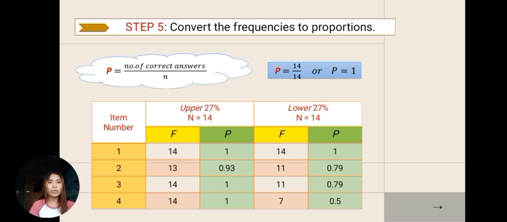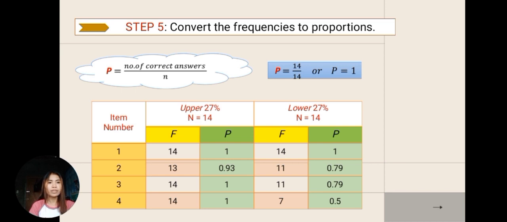Then in item 2, we have 13 correct answers from the upper 27%. Therefore, 13 divided by 14 is equal to 0.93. And in lower 27%, we have 11. So, 11 divided by 14 is equal to 0.79. Then in item 3, we have 14 correct answers in the upper 27% divided by 14 is equal to 1, therefore our proportion is 1.